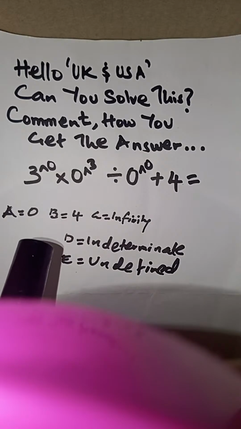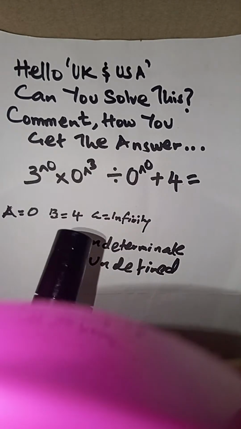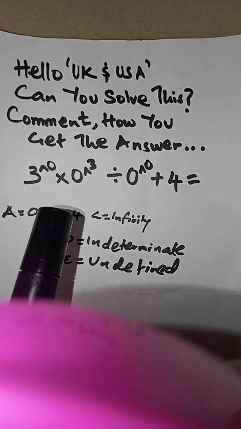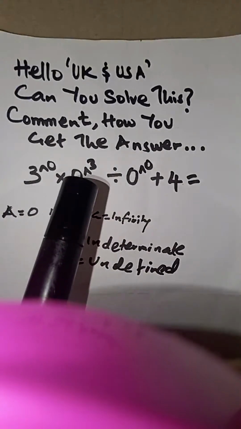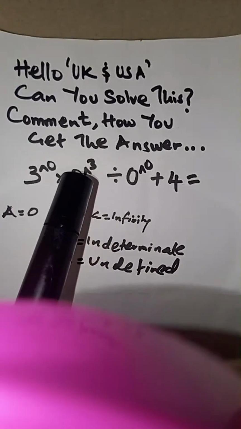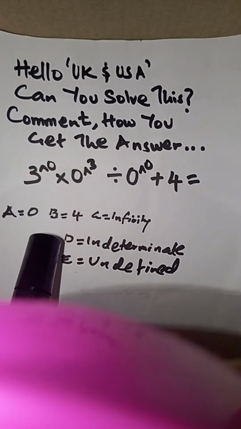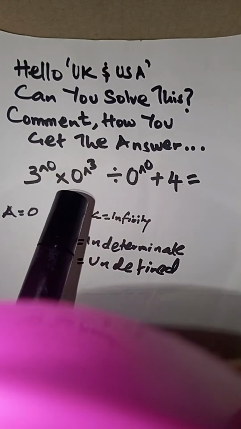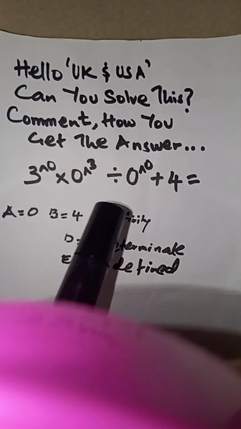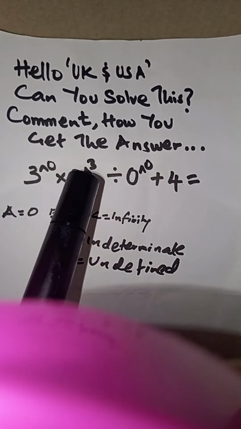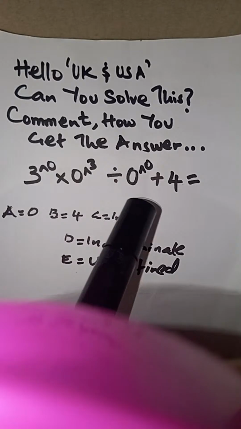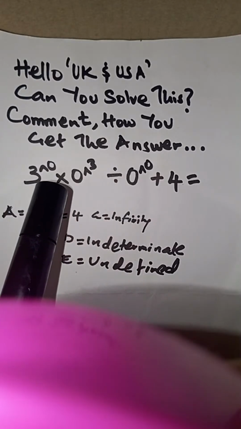And then he also said that 1 multiplied by the product of 0 to the power 3 is equal to 1 times 0, because 0 raised to the power 3 is 0. So of course on the other side we have 0.